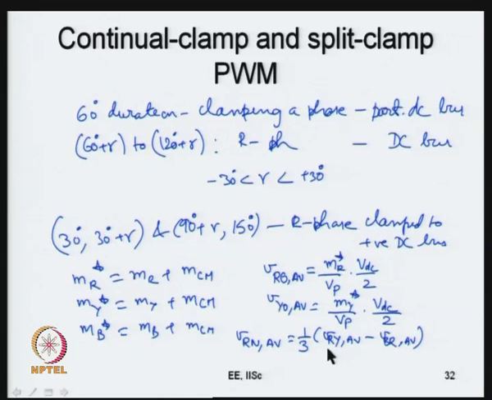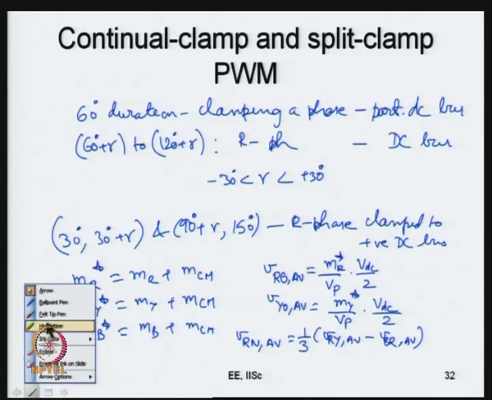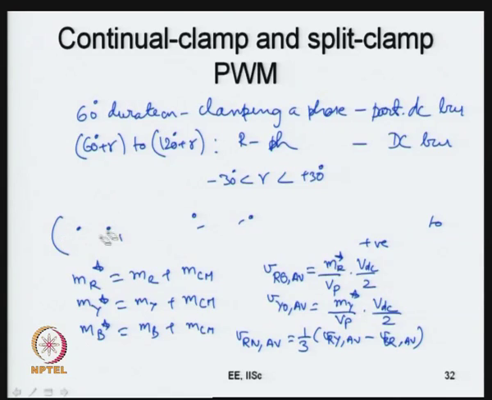Now, if you take VRY average minus VBR average, you take 1/3 of that, you are going to result in VRN average now. So, when you do a VRY average itself, now let me just clear up this part to discuss that. Okay.